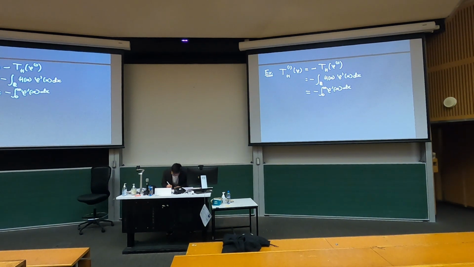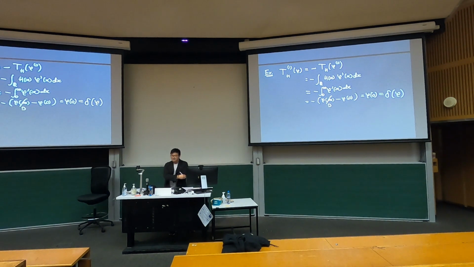With some rough calculations, this is phi(infinity) minus phi(0). And because phi vanishes at infinity, this becomes 0, and I end up with phi(0), which I might remember was actually my delta distribution evaluated on the same test function, phi. Right?